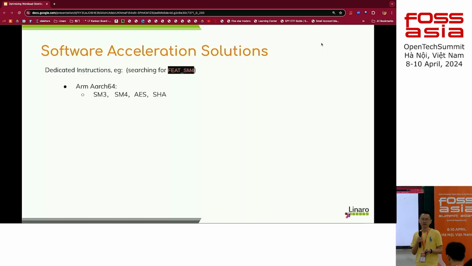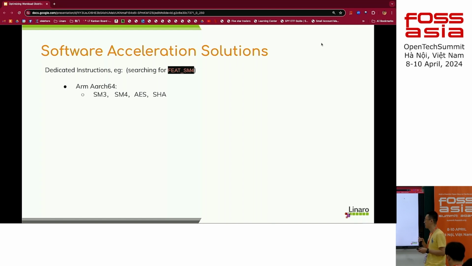In the software solution, most of the time we are talking about instructions. In the ARM world, we have specialized instructions, like for SM4 and for AES. You can find specialized assembly instructions in the ARM ISA to process such types of jobs.